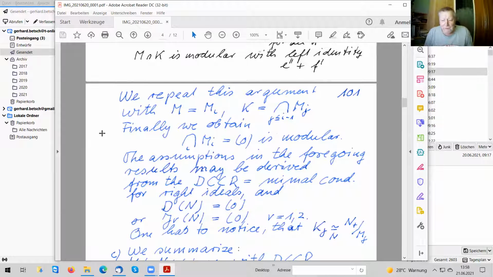Gerhard, you have switched off your microphone. So in the left part of the screen, completely left, completely down, there's a button Stummschalten, and you should click on this to escape from the Stummschalten.